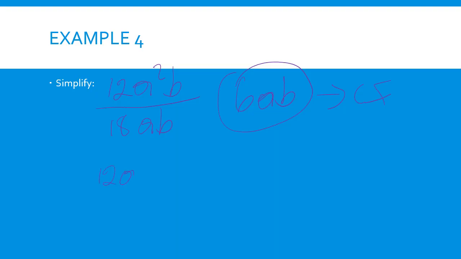So it's 12a squared b divided by 6ab, and 18ab divided by 6ab. 12 divided by 6 gives you 2, and a squared divided by a is going to leave you with a, and b cancels out b. 18 divided by 6 is 3, a into a cancels out, and b cancels out b. So your answer would be 2a over 3.